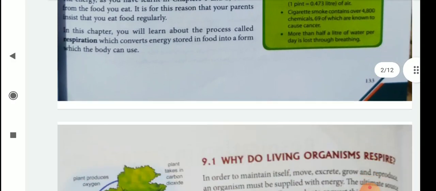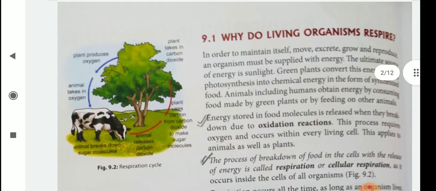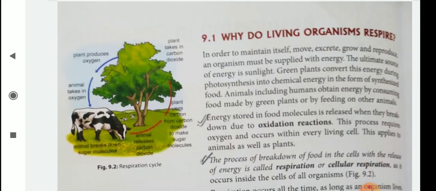Then types of respiration and why do living organisms respire? In order to maintain itself, move, excrete, grow, and reproduce, an organism must be supplied with energy. Energy must be required. The ultimate source of energy is sunlight.